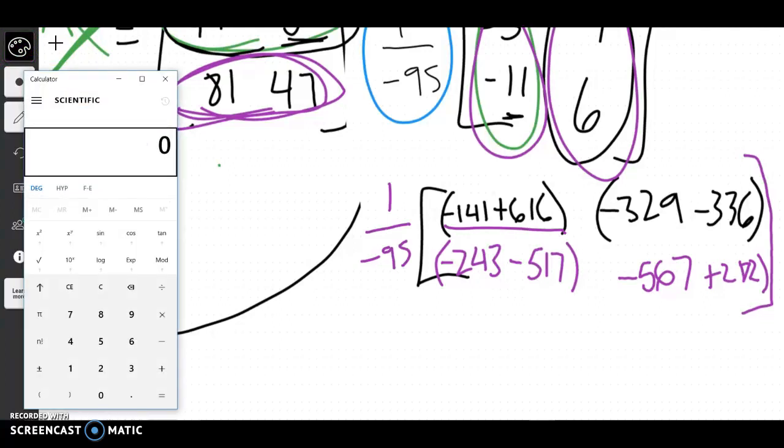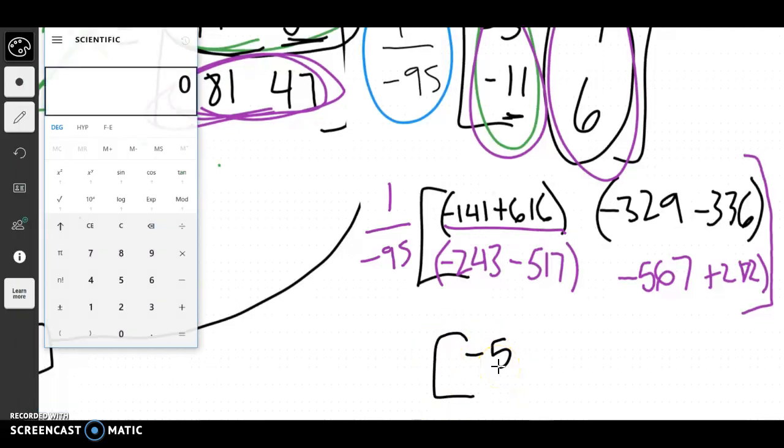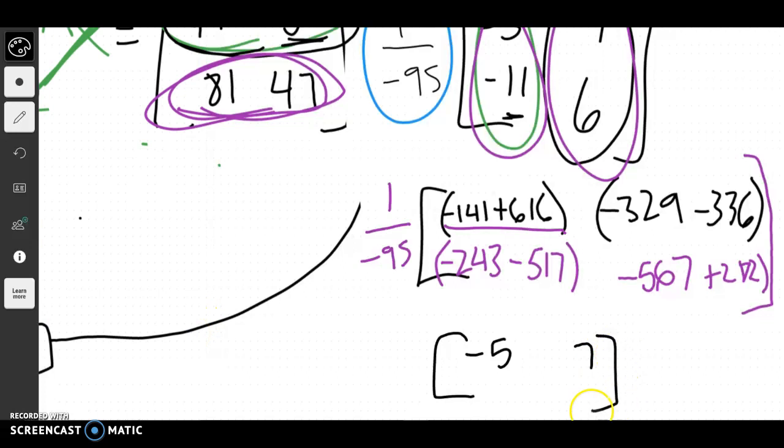So we'll just take negative 141 plus 616 divided by 95. That would give me negative 5. We'd need to do negative 329 minus 336 divided by 95. That would give me 7.